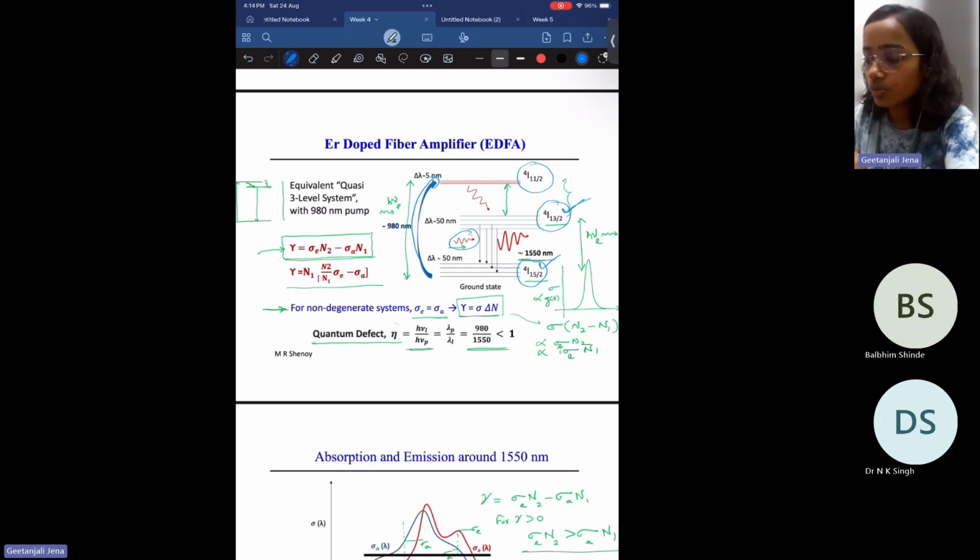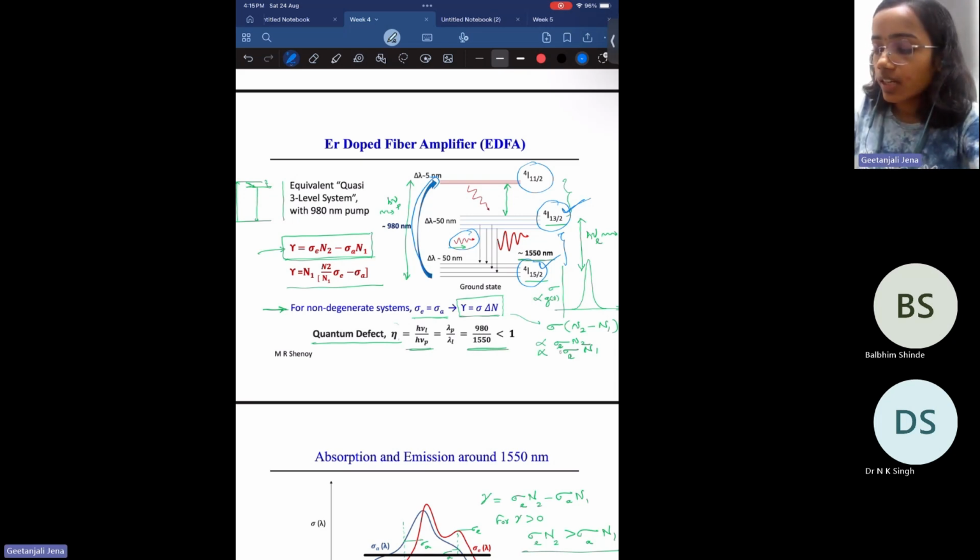This weak signal stimulates the transition from the metastable state to the ground state, 4I 15/2. In this way we see stimulated emission between these energy levels, and the weak signal gets amplified in this quasi 3-level system of the erbium doped fiber amplifier.